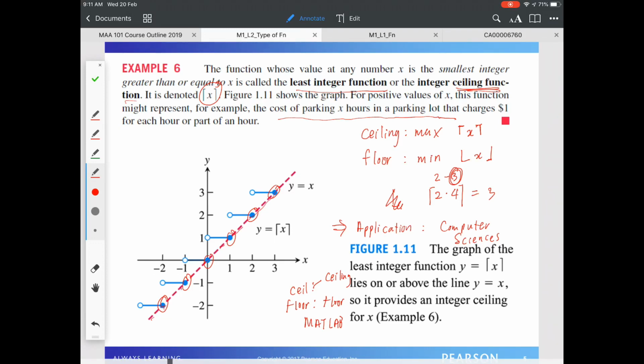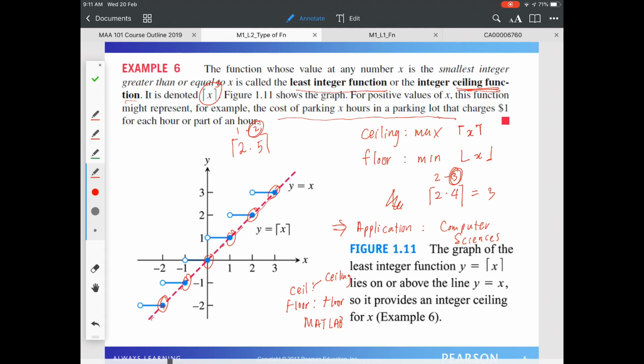For instance, if you park for about 2 hours and 30 minutes, 2.5 hours, they will put in the ceiling function, to charge you either maybe 1 ringgit or 2 ringgit.